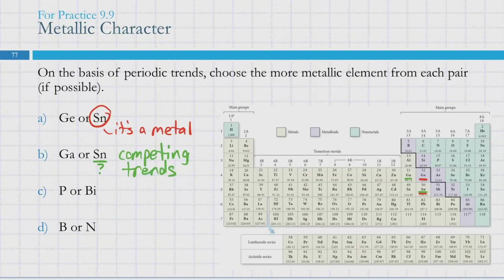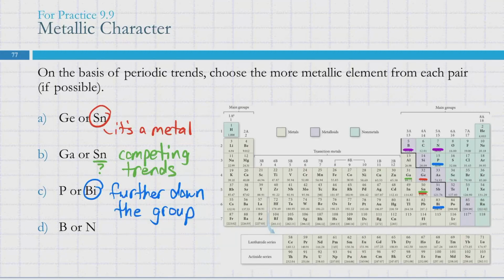How about phosphorus or bismuth? We just talked about it. Bismuth, it's metal. And boron or nitrogen.